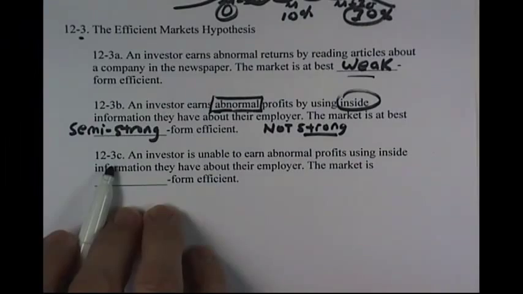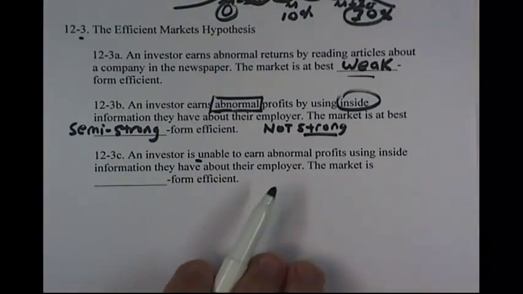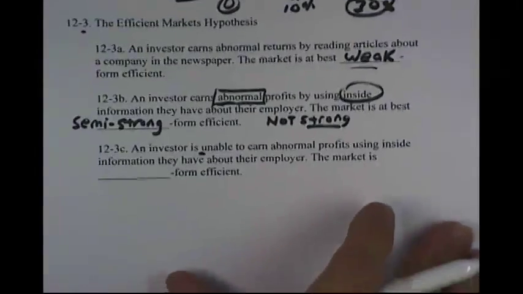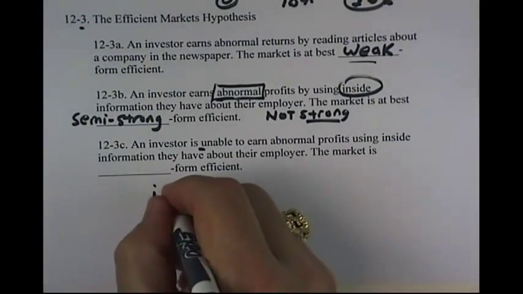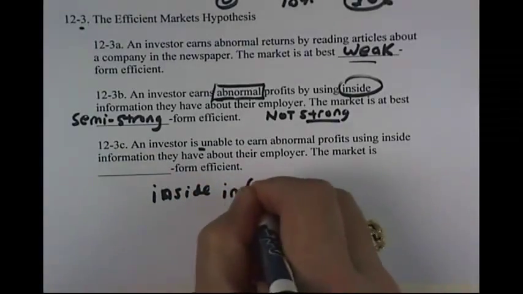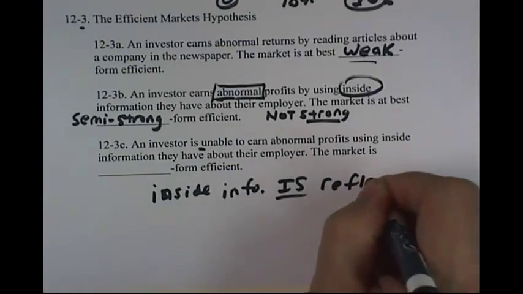Now in Part 3C, it says an investor is unable to earn abnormal profits using inside information they have about their employer. If they're not able to earn abnormal profits, then in this case, the inside information is reflected in the stock prices now.